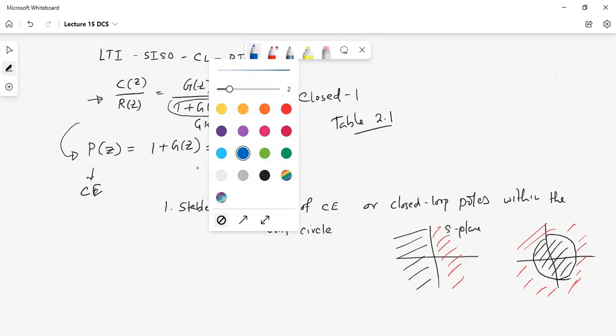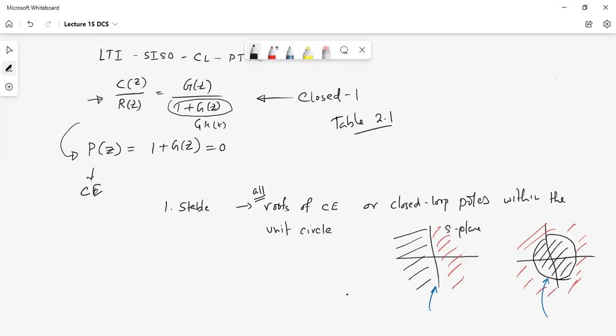So for stability, all the poles have to be inside the unit circle. For an unstable system, the definition is any pole outside the unit circle.